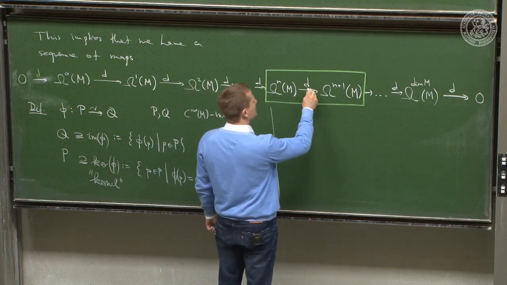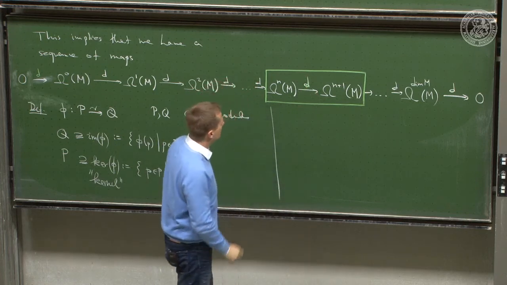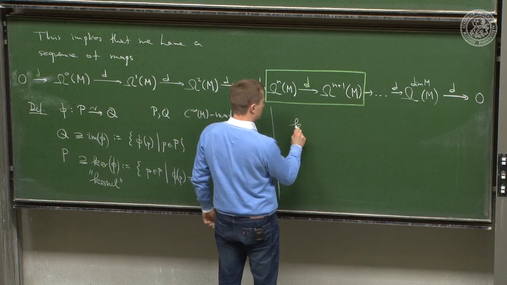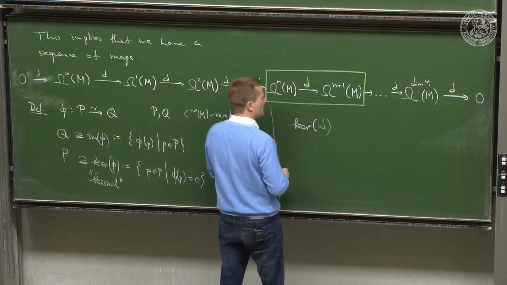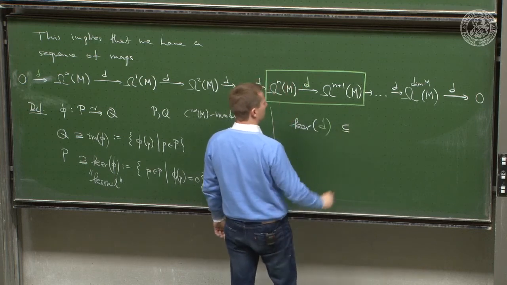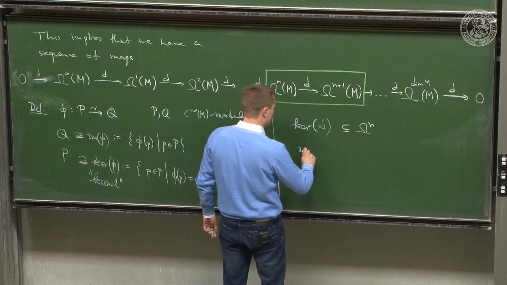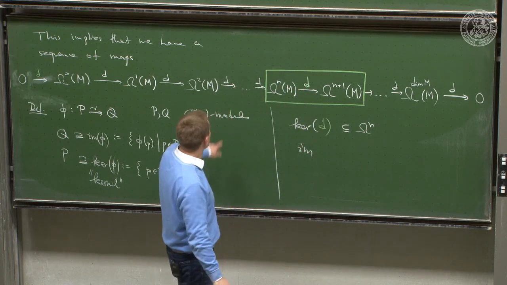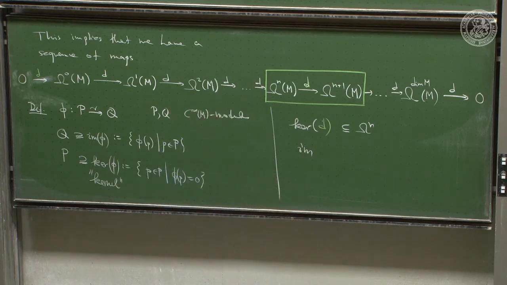So I could ask about this green D, what is its kernel and what is its image? I can certainly look at the kernel of the green D, and that will be a subset of omega n. And I can look at the image, but now let me do something different. I look at the image of the D that was once before, so the red D here.